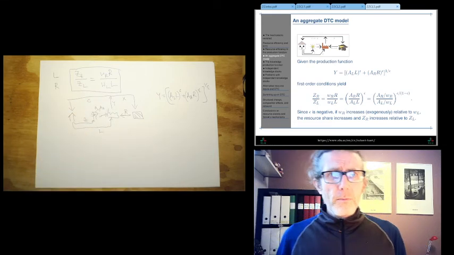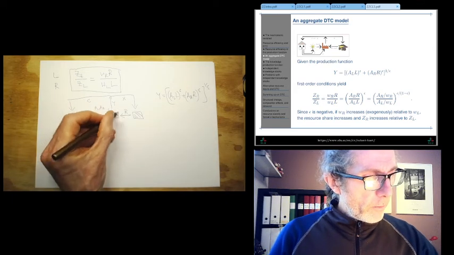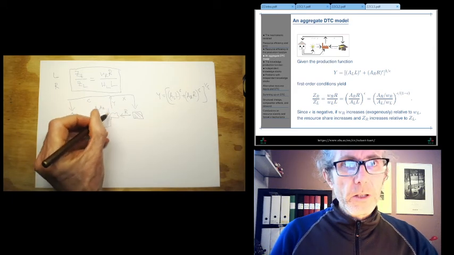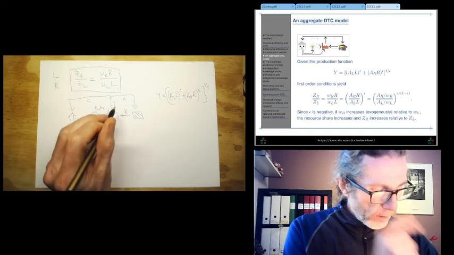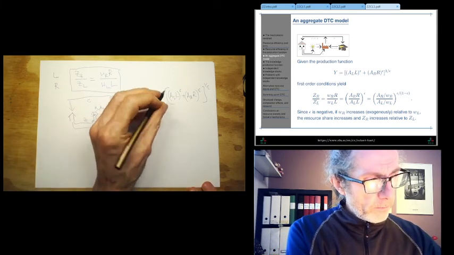So how do we work those out? We need to set up the profit maximization problem of the representative competitive final good producer.